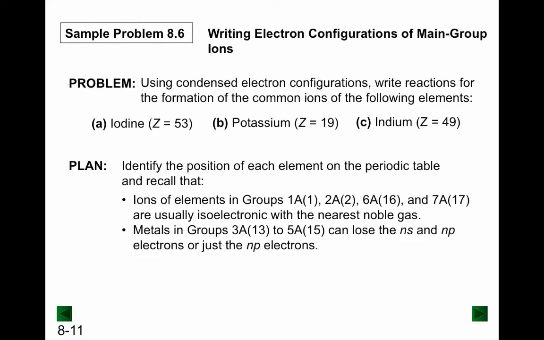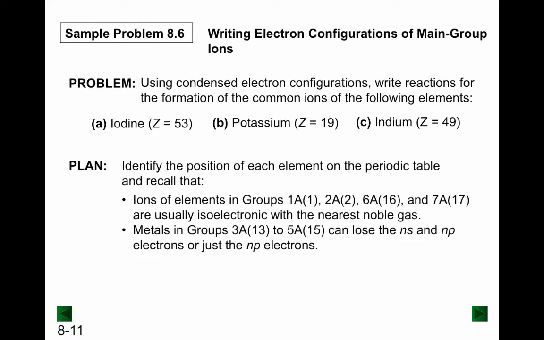Now we add the electron and form the iodide ion, and now when we rewrite the electron configuration for the iodide ion, we see that it now has a full outermost energy sublevel. The new electron configuration for iodide is [Kr] 5s2 4d10 5p6. That is the correct condensed electron configuration for iodide.